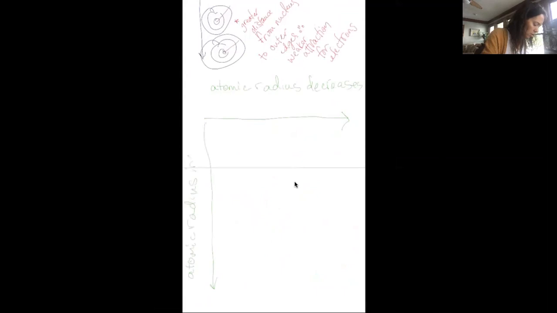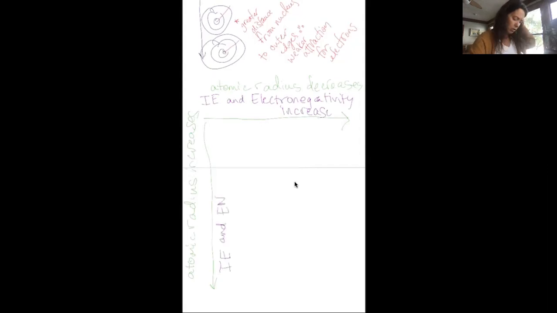I know that going across, ionization energy and electronegativity increase because of the smaller size, and going down, IE and EN decrease due to the increase in size and the increase in distance and the weaker attraction.